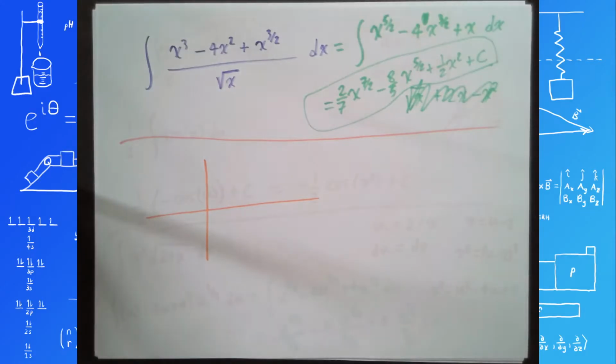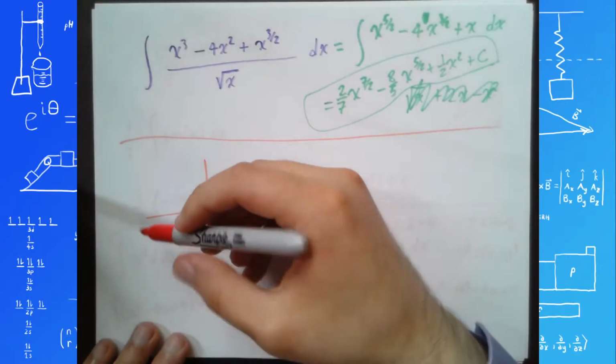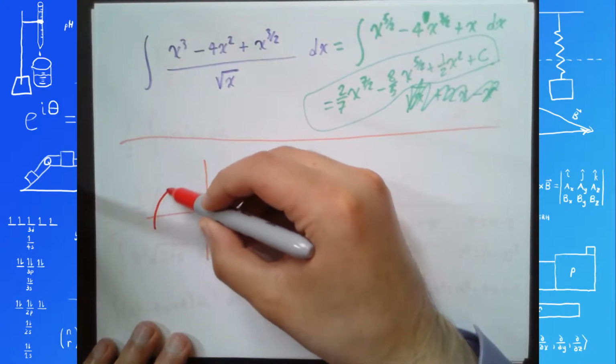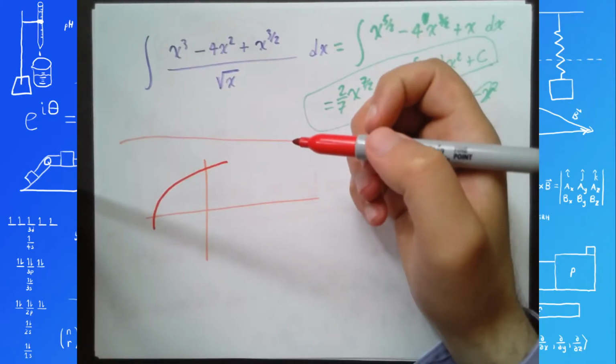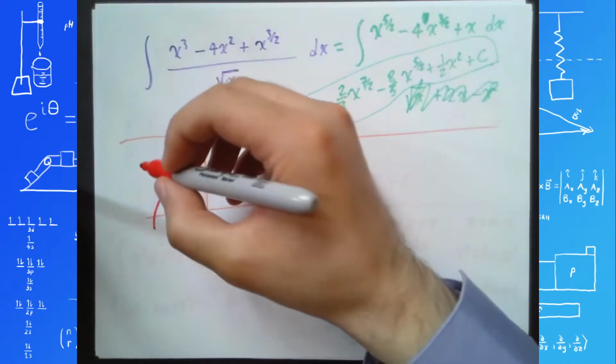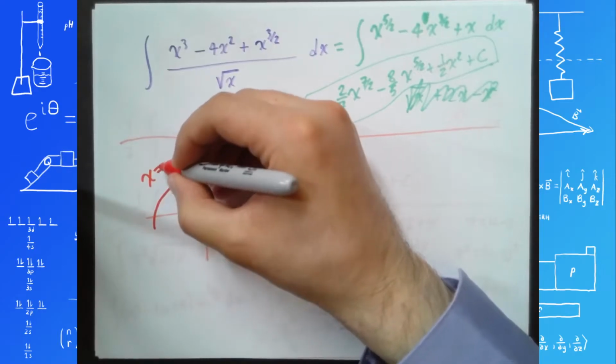So it has one curve that kind of looks like this, and it's described as x equals y squared minus 1.